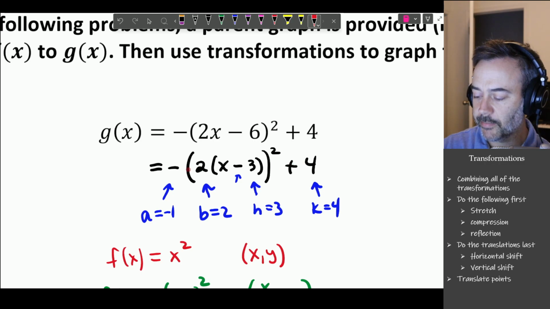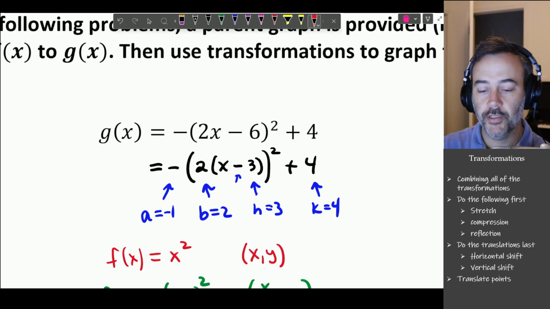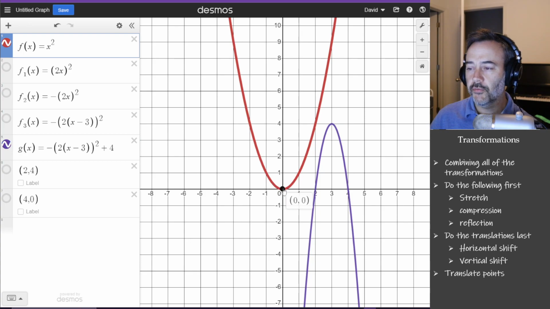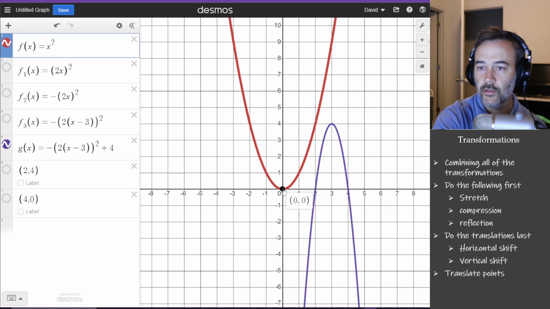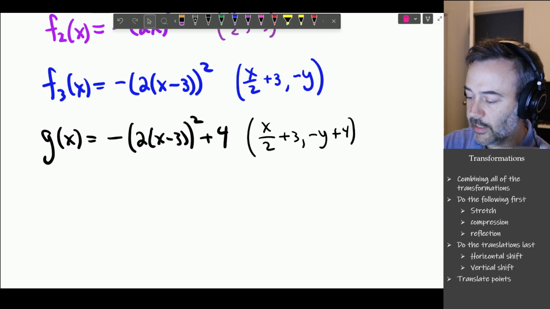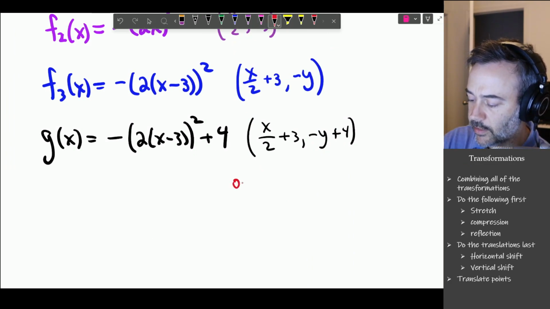In Desmos, I typed it like this to show all the transformations. Okay, and also notice the original vertex is 0, 0. So what does the set of transformations do to the vertex 0, 0? Well, I can go back here and I can say, what does 0, 0 become when it's transformed into g?